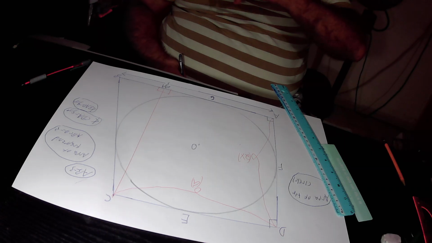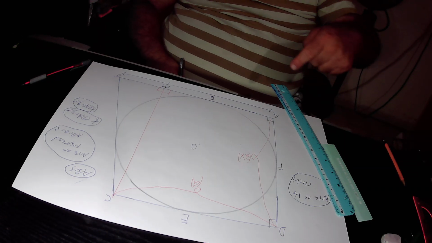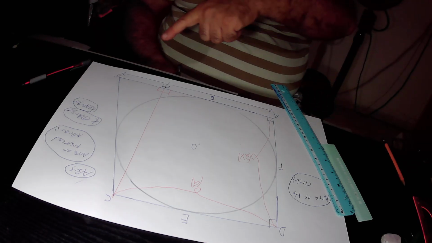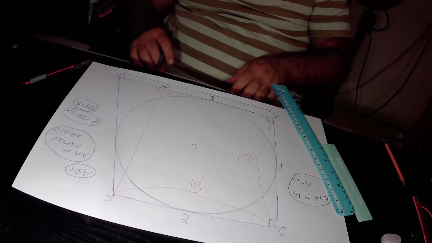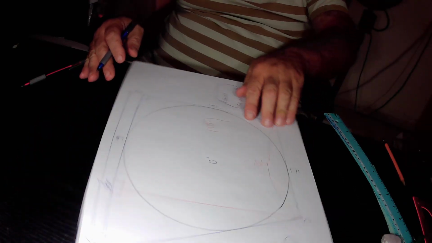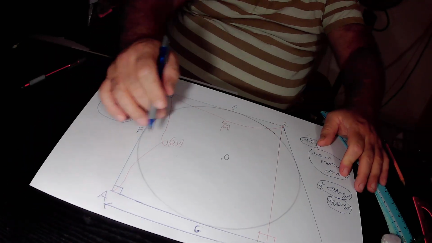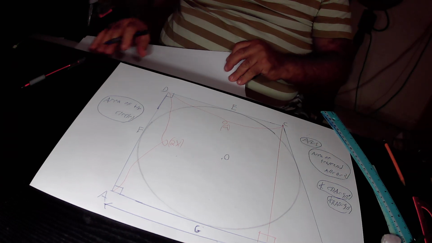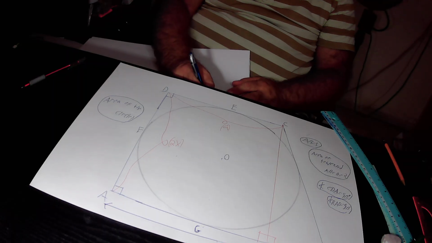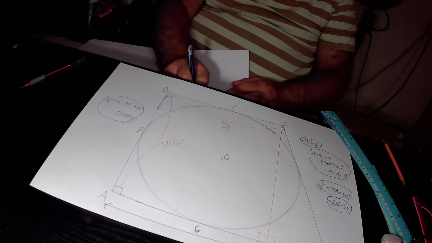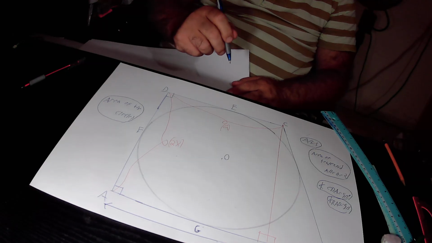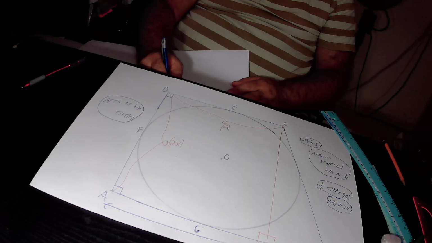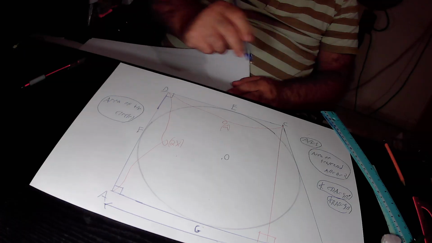Before we continue, we know that in trapezoid ABCD, side AD plus the opposite side BC is equal to side AB plus the opposite side DC. So as you know, in this trapezoid ABCD, DA plus CB equals DC plus AB.